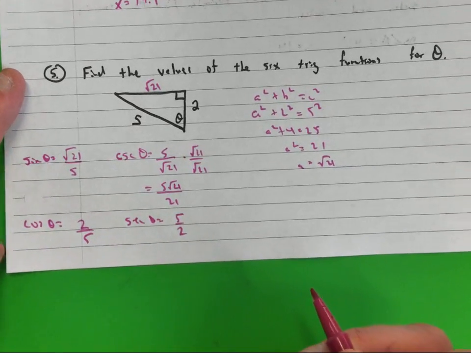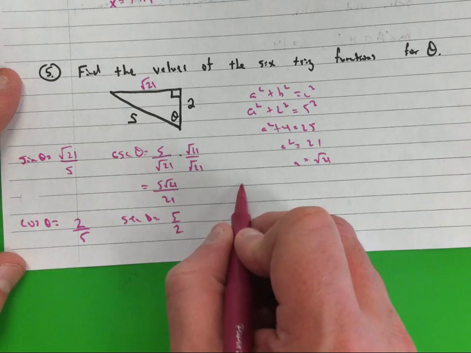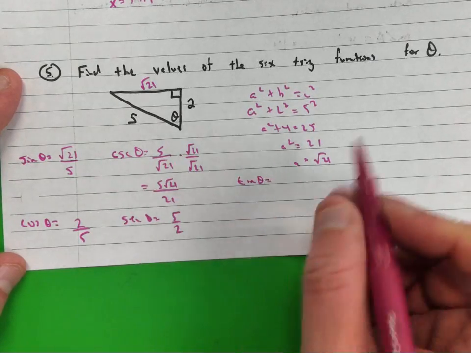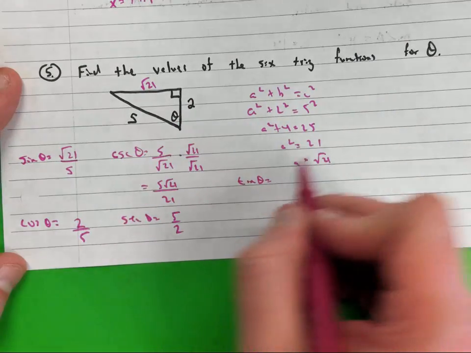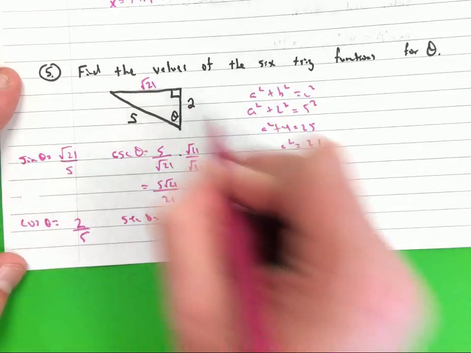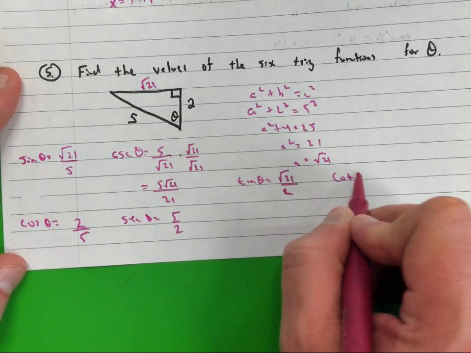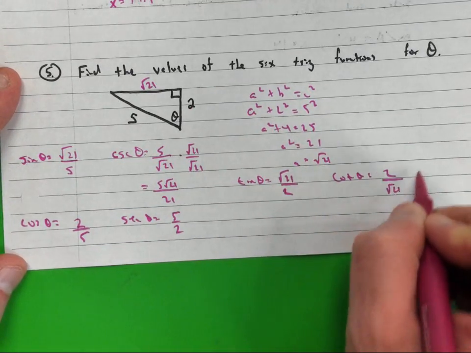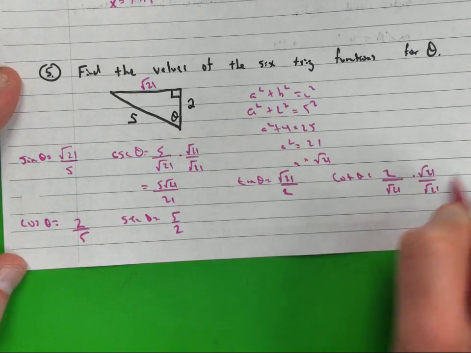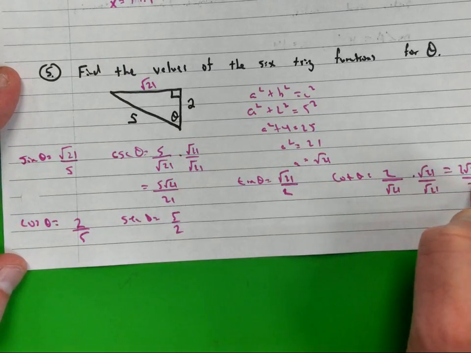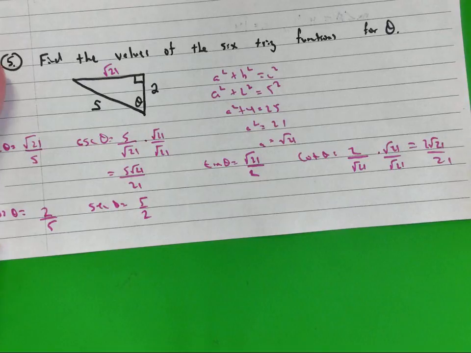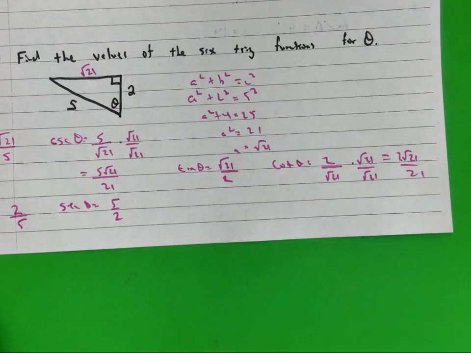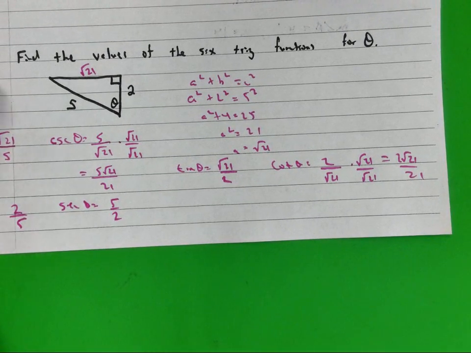And then secant, you will flip it. Tangent, opposite over adjacent. Cotangent, I will flip it. And you get that right there. You have a part of it.